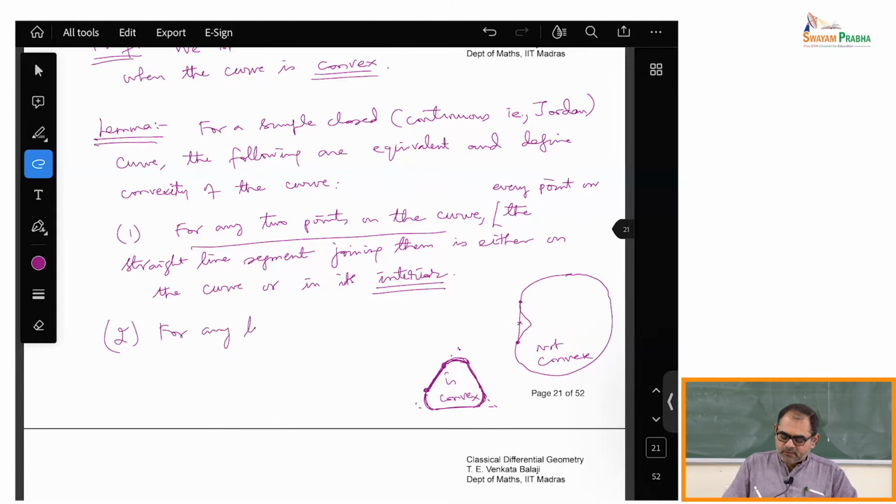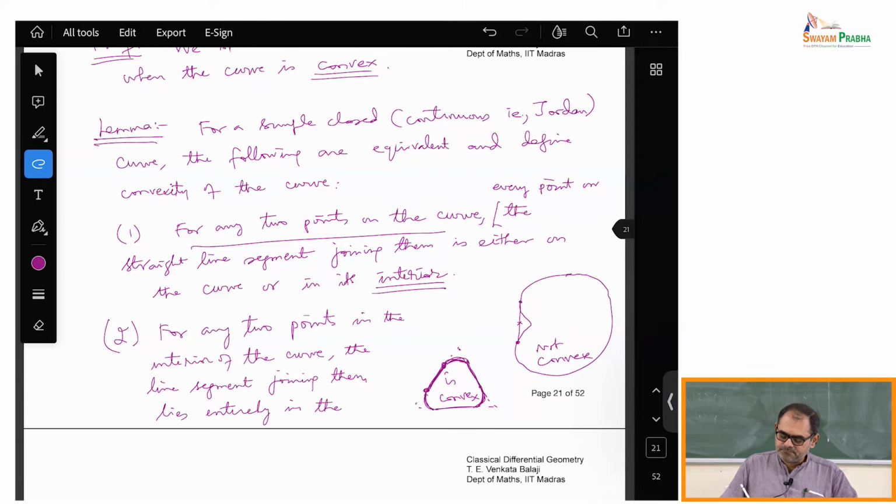So I'll write the second one: for any 2 points in the interior of the curve, incidentally which exists because of the Jordan curve theorem, the line segment joining them lies entirely in the interior.